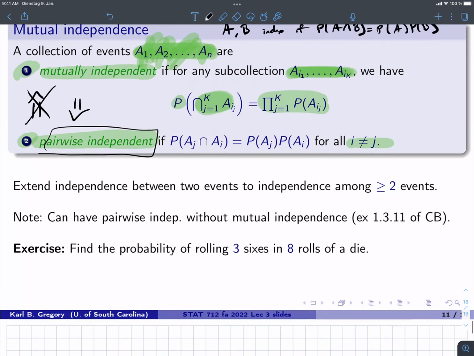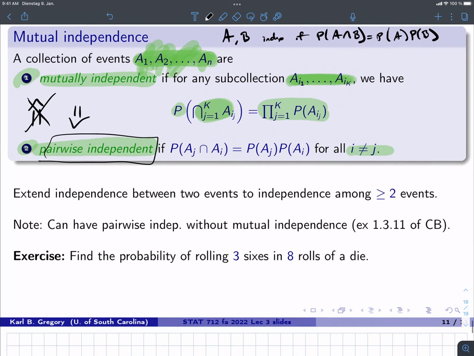So how might we use this? Let's consider the probability of rolling 3 6s in 8 rolls of a die. We could do this by counting rules, but we could also use the idea of mutually independent rolls of a die. So let's say A1, A2 through A8 are the events such that Ai is that you roll a 6 on roll i.